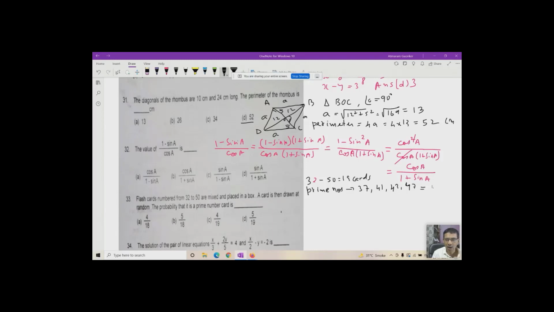So they are total 4 numbers. If there are 4 numbers total, then the probability that it is a prime number is 4 out of total 19. So the correct answer is C.